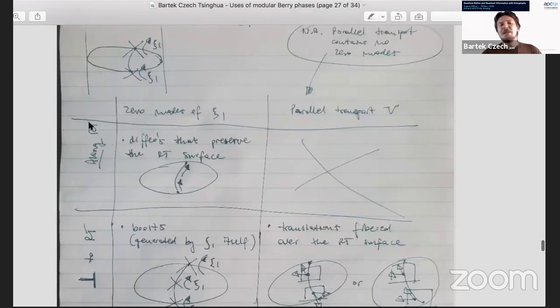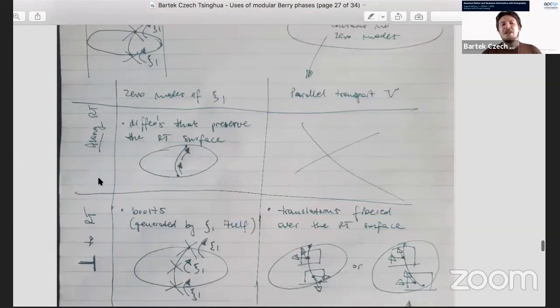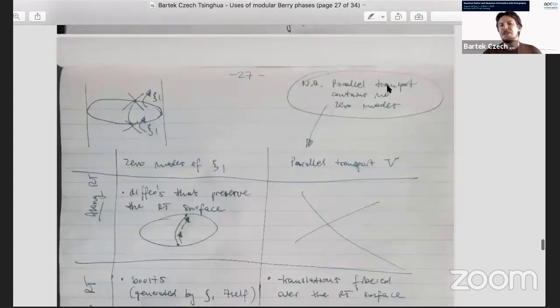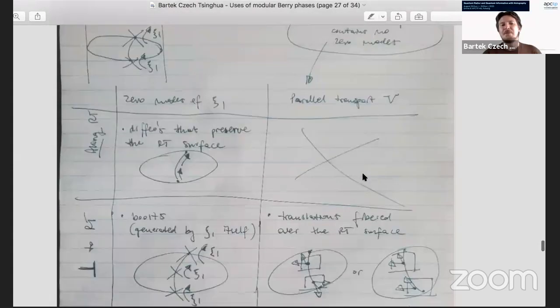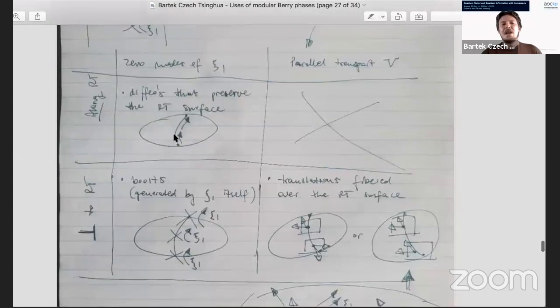One is vector fields that point along the RT surface, and one is vector fields that are perpendicular to the RT surface. So a general vector field will be a linear combination of these two. And I want to ask, are they zero modes or are they not zero modes? Remember that if we find that something is a zero mode, that means that it has to be excluded from our parallel transport. So what's in this table?